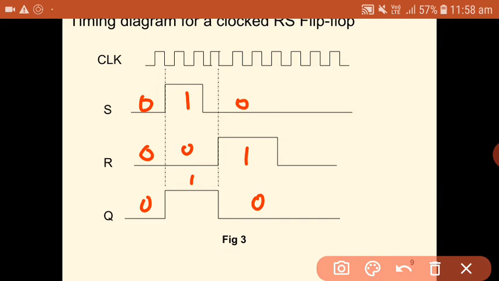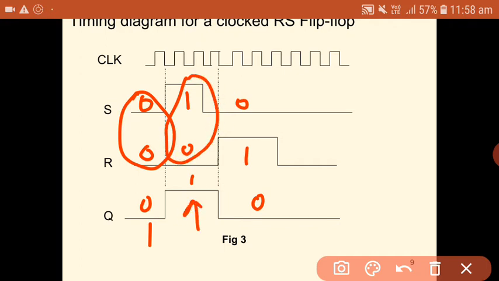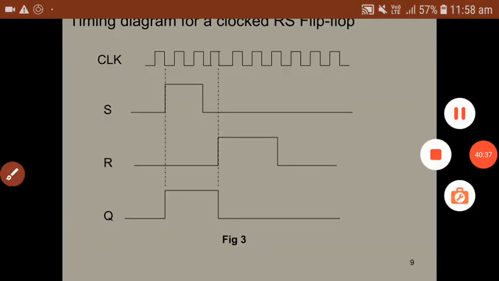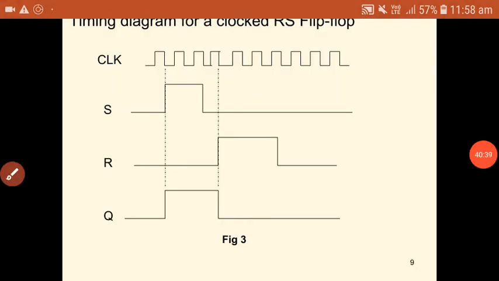S is equal to 1 means making the output equal to 1, and R is equal to 1 means making the output equal to 0. So this is a simple timing diagram for a clocked RS flip-flop.